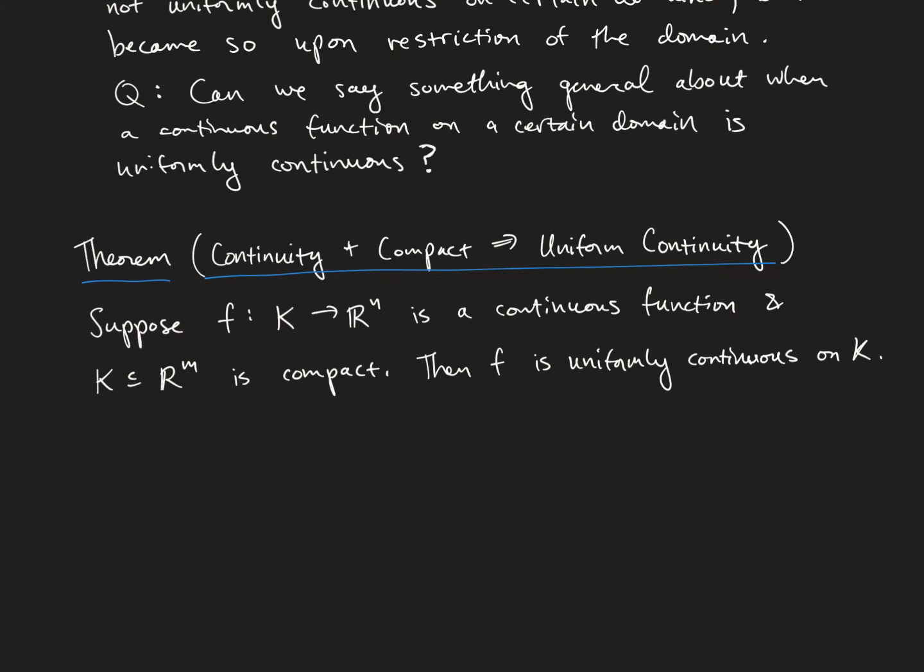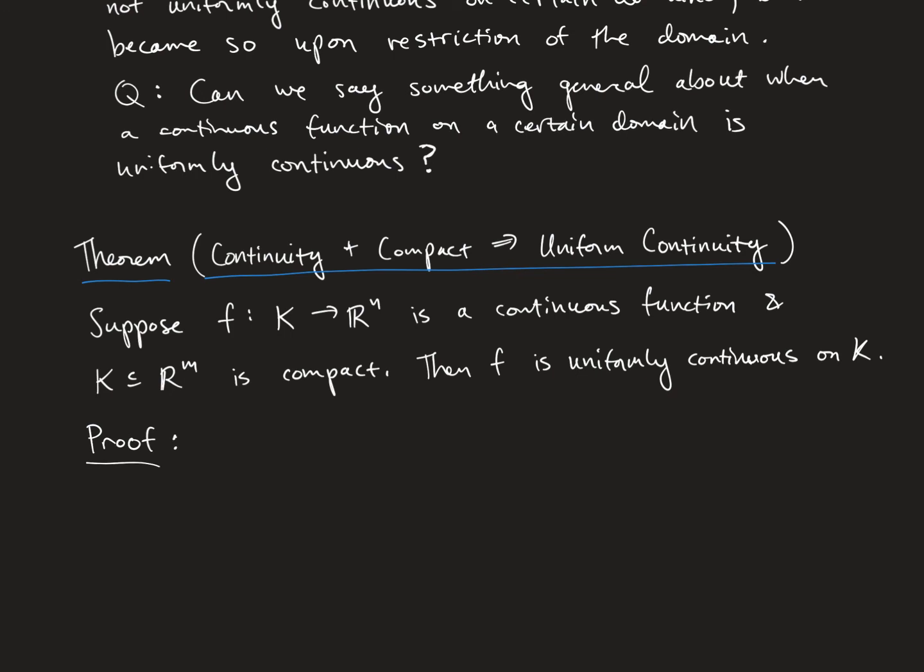So we have the theorem that continuity plus compactness implies uniform continuity. If we have a continuous function on a compact set K, a fully general compact subset of R m, taking values in R n, then this function is uniformly continuous on K. So let's take a look at the proof, and that'll be it for this lecture.